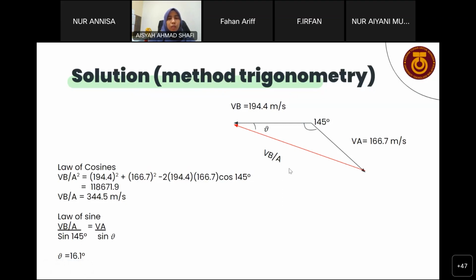So VBA over sine 145 equals VA over sine theta. So you should get theta is 16.1 degree.